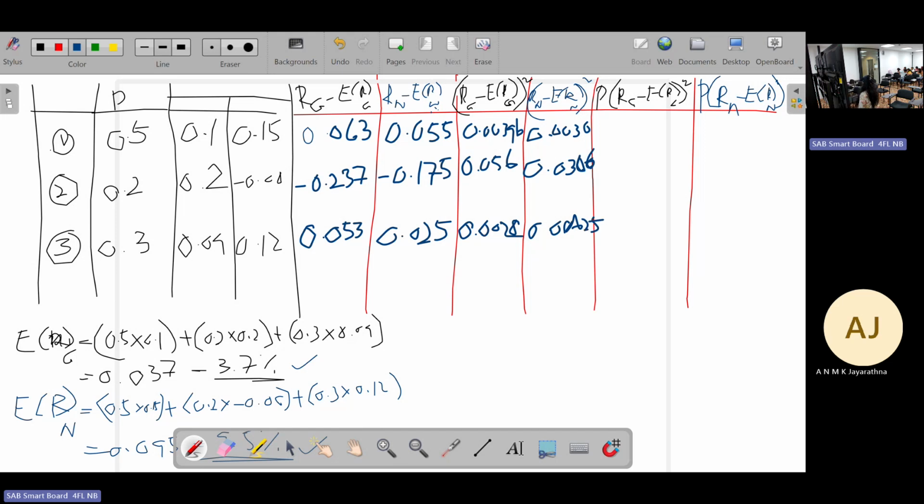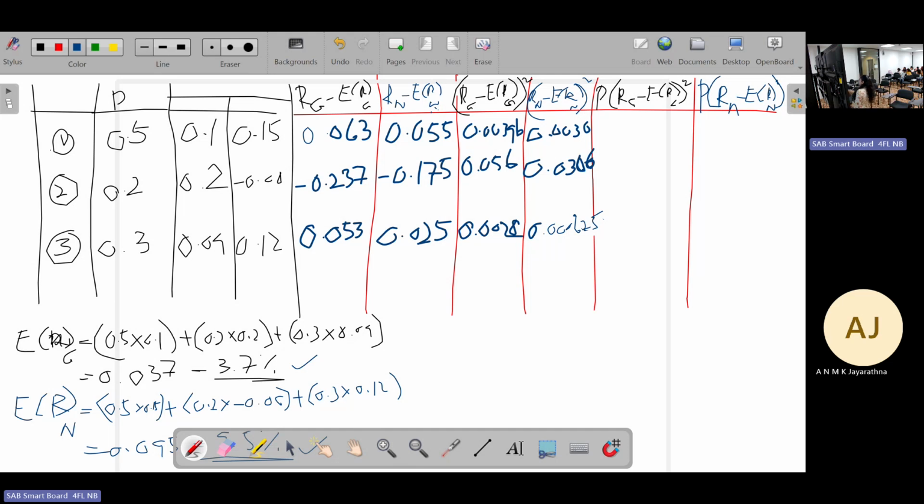Okay. Yes, 0.00625. Now the squared probability levels. Now that is 14. The variance is coming as 14.